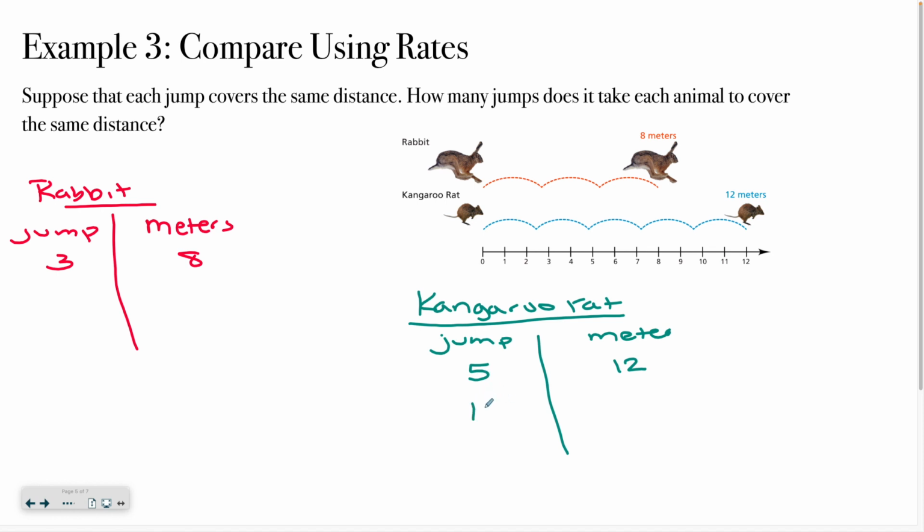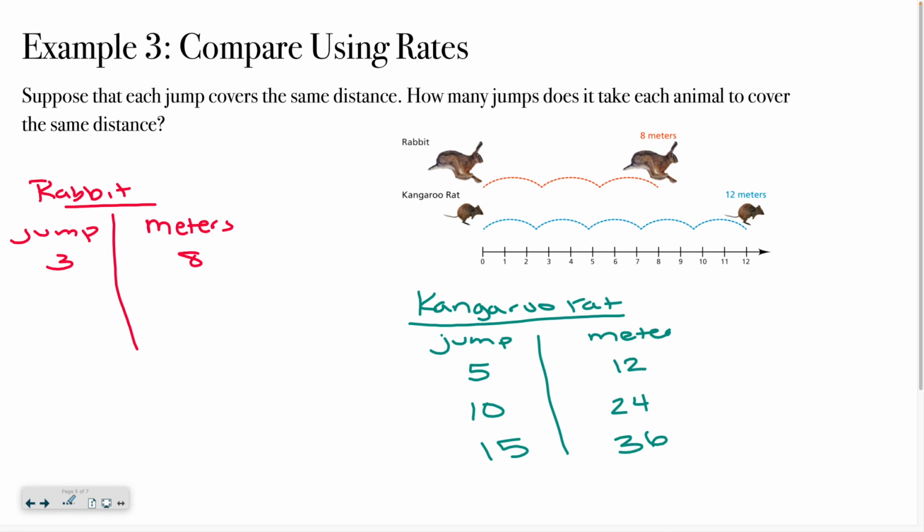If I know that the kangaroo rat covers 12 meters in 5 jumps, I know if he were to jump 10 times, the kangaroo rat would make it 24 meters. If he were to go 5 more jumps, so 15, I would add 12 more again, so he would be up to 36.